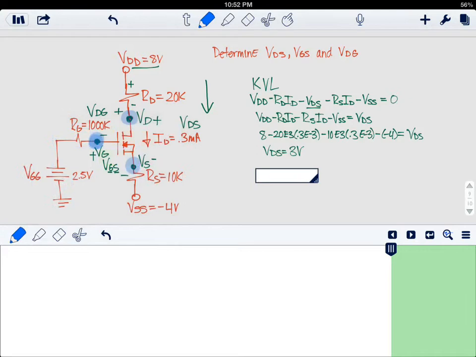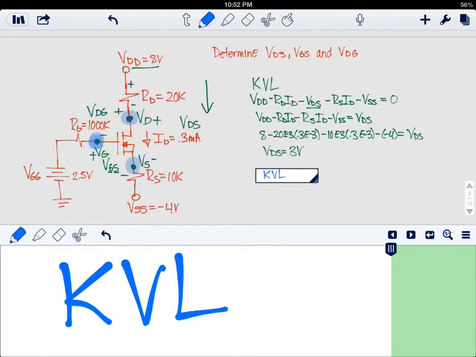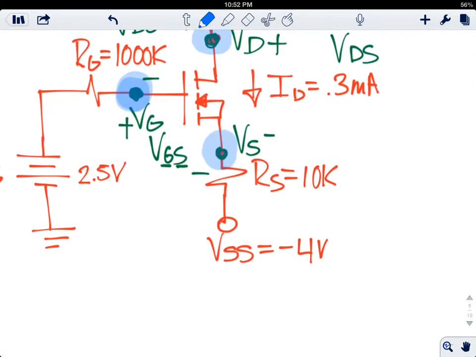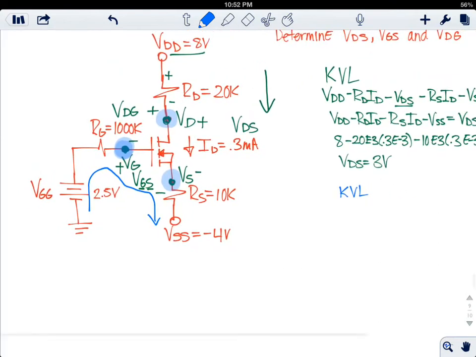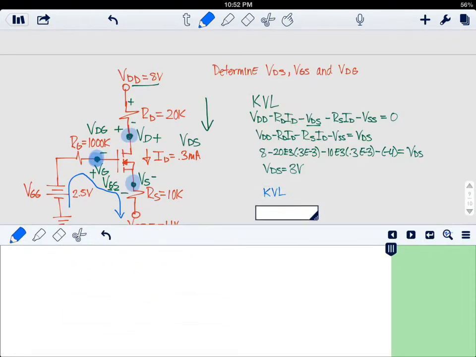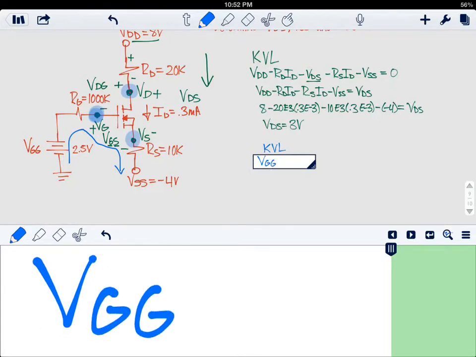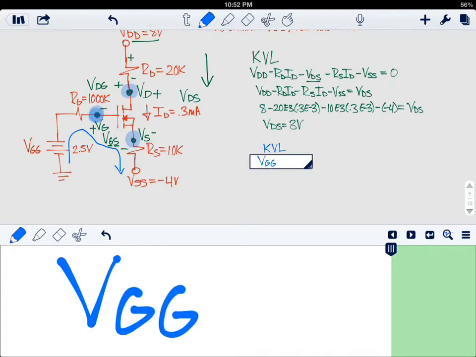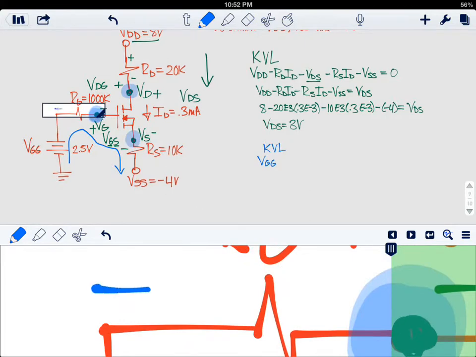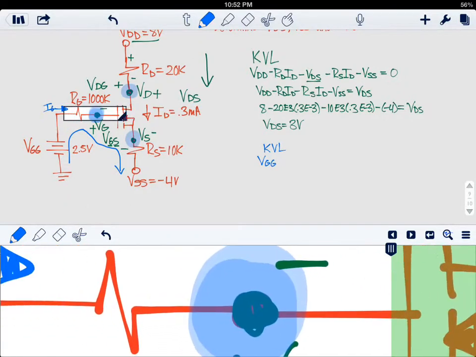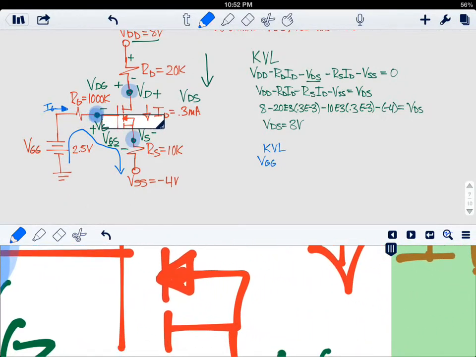We start with our next KVL, and our next KVL is going to be right here. And we're going to start by VGG. Something interesting here is that no current is flowing through here, so there isn't a voltage drop here.